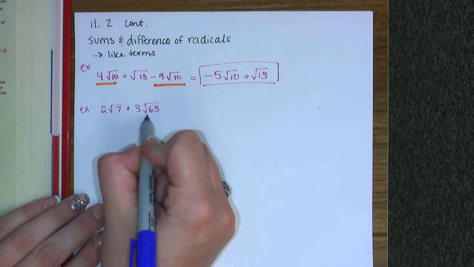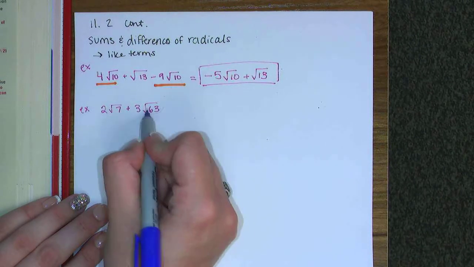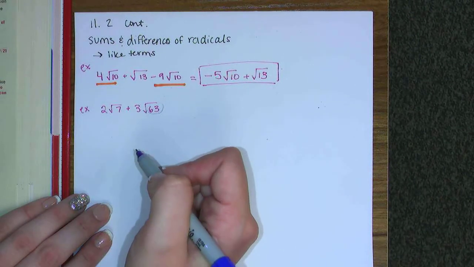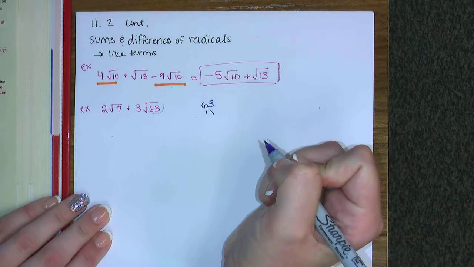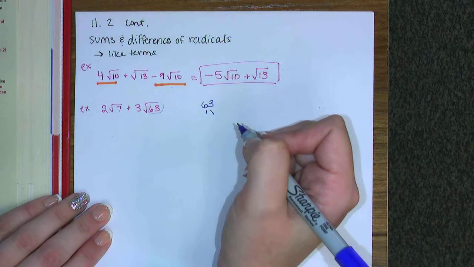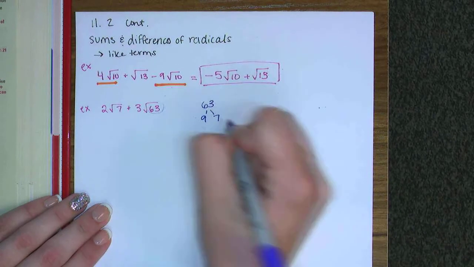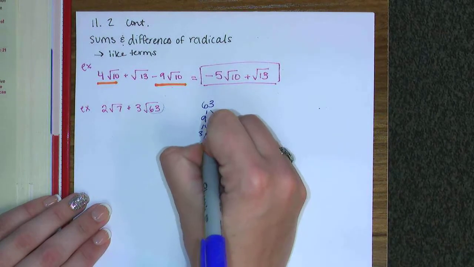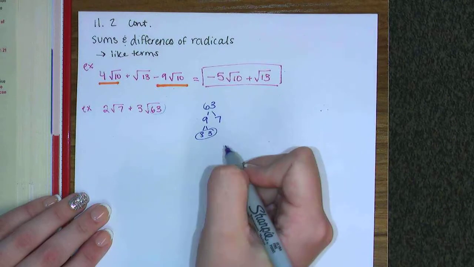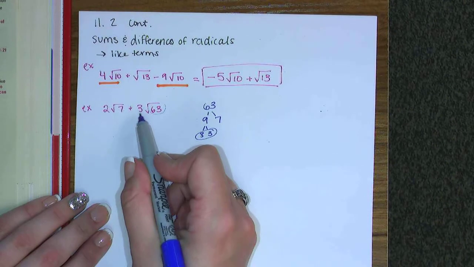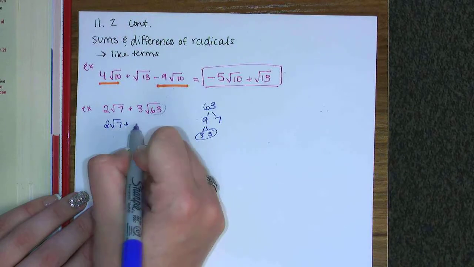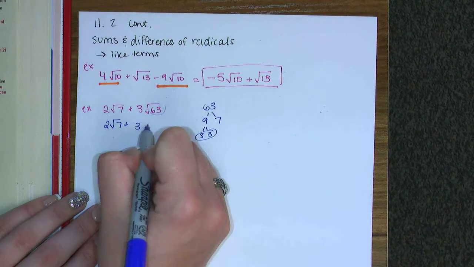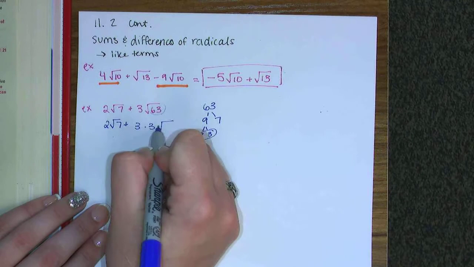But what we need to look at is we need to evaluate this 63 here and see if we can pull anything out. So remember to make your little factor tree here. 63, one of the factors is 9 times 7. 9 is 3 times 3. Since there's 2 of those, I can pull out a 3. So this would be 2 root 7 plus 3 times, I pulled out a 3, root 7 is what's left.